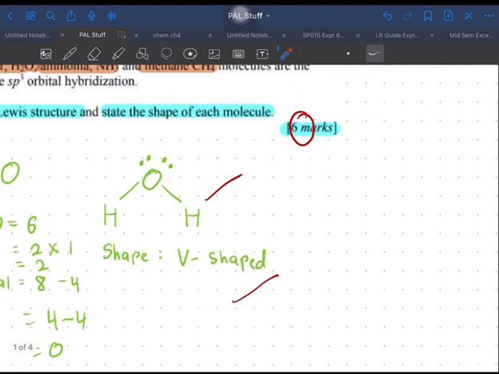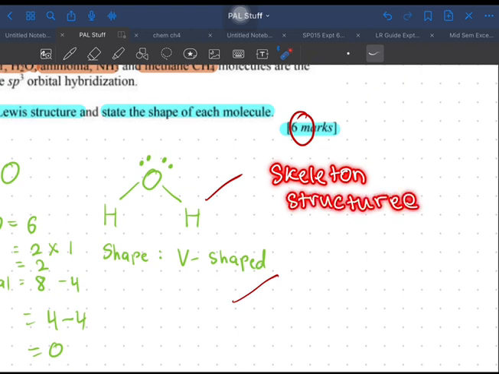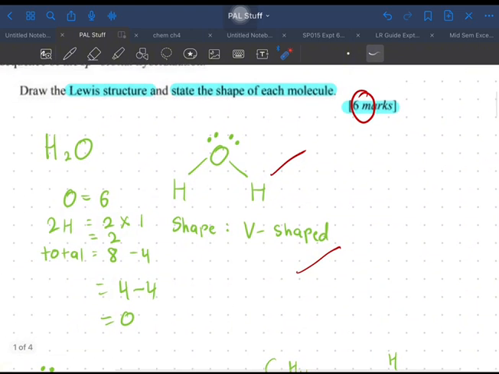The next step is to draw the skeleton structure. Since we only have 1 oxygen, and hydrogen cannot be considered as the central atom, oxygen must be in the center, and so we draw like this: O, H, H, H2O.